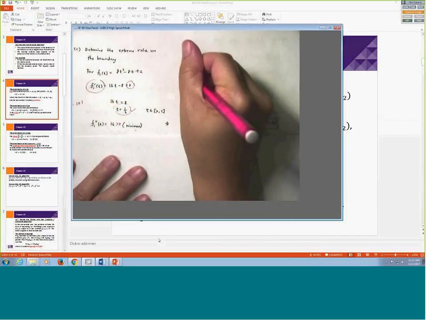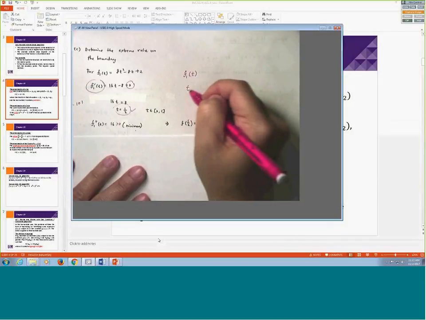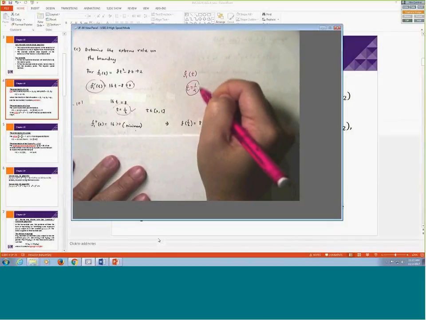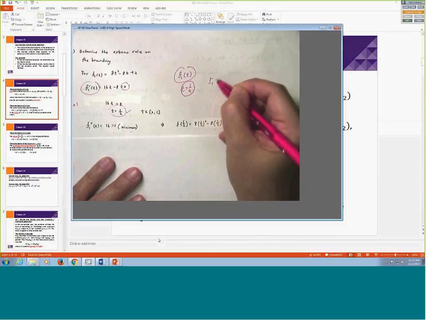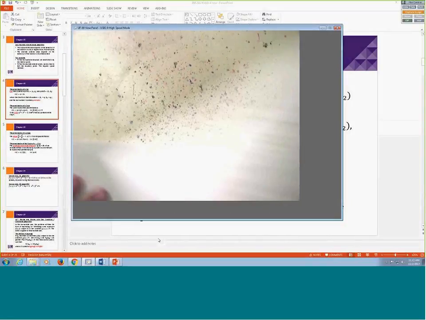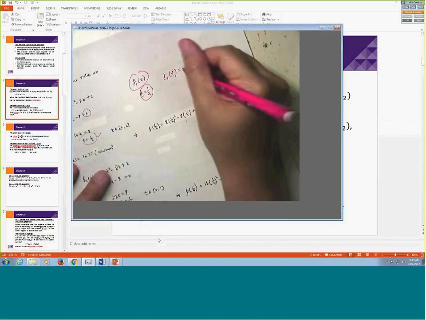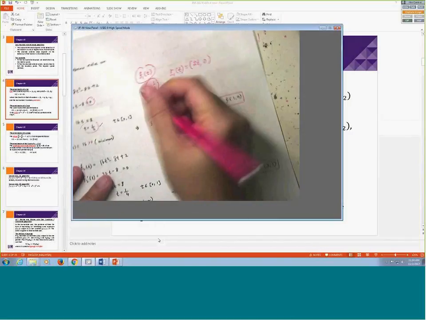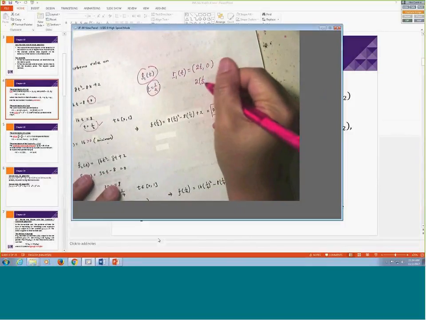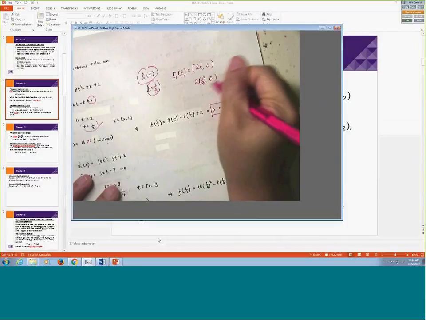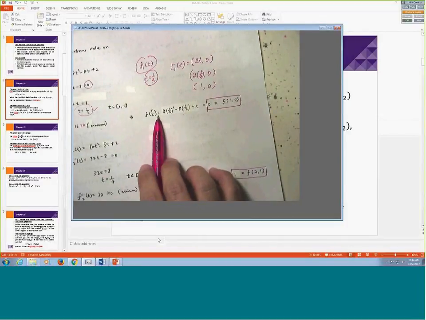Because this is f1(t), when t equals 1/2, you go to r1(t), which is (2t, 0). So if t equals 1/2, we have (1, 0). So this is the local minimum at f(1, 0).